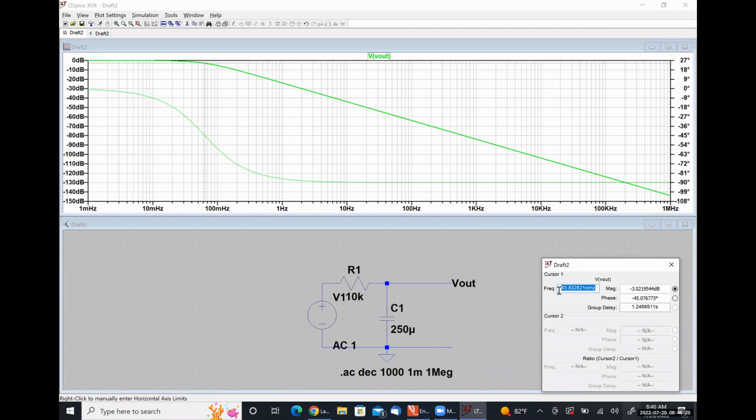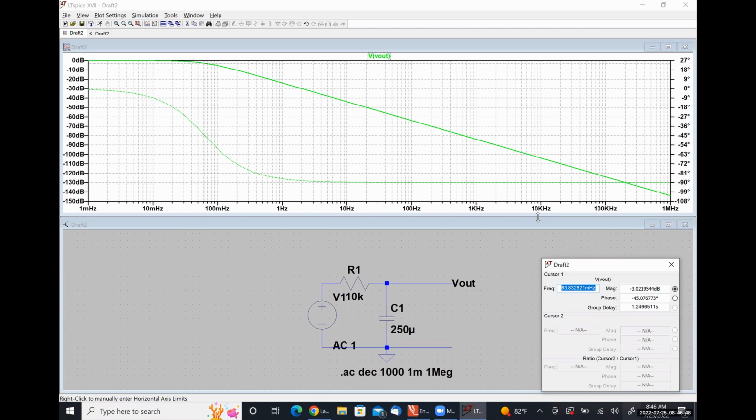So our mathematical analysis matches that of the simulation. We just have to be careful because we typically in our classwork work in terms of angular frequency, and LTspice gives us results in terms of linear frequency.